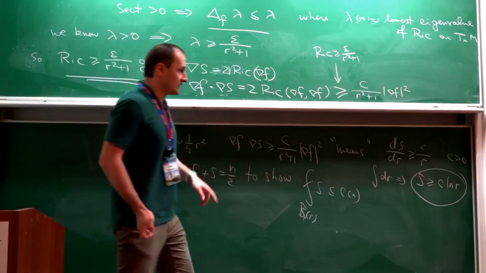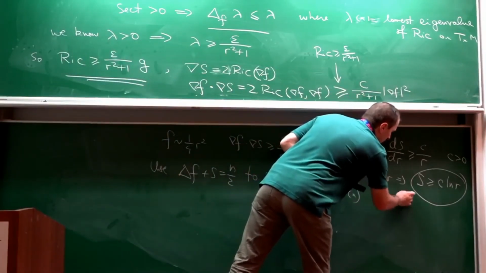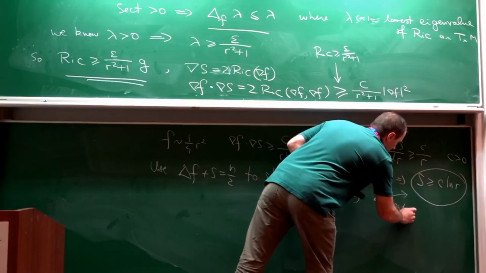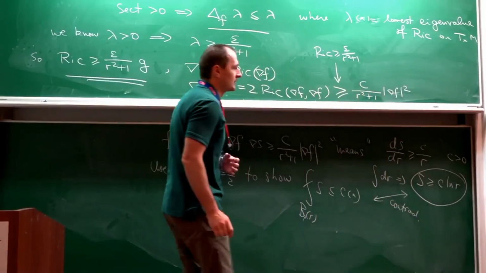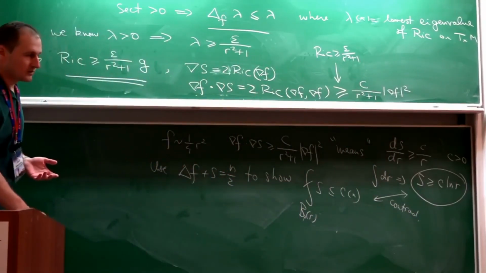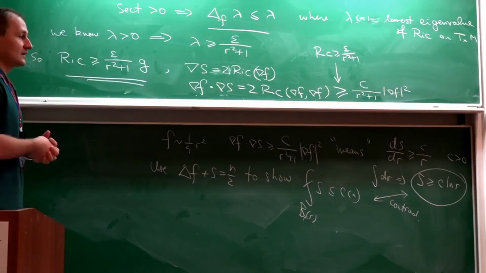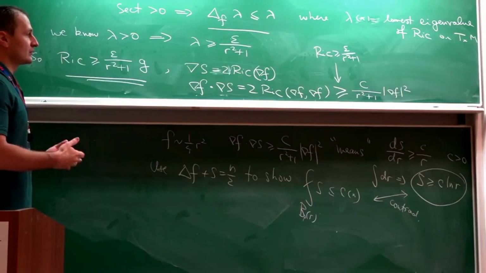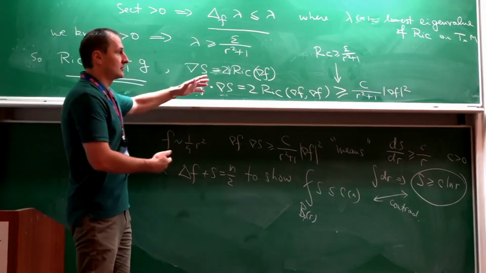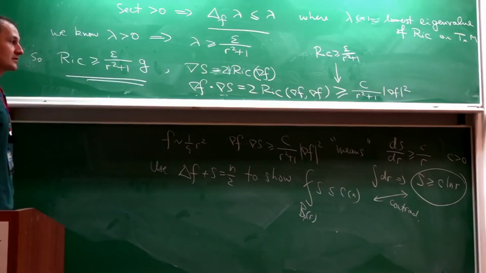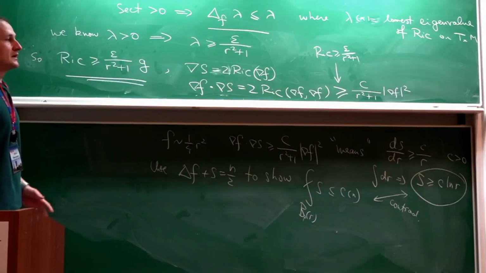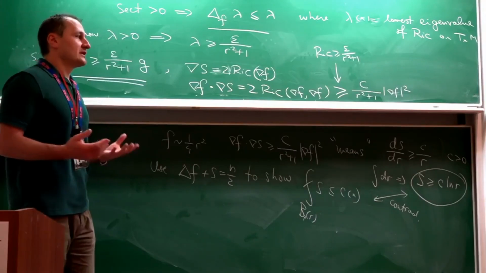And that contradicts this one. Right? So it's not a big deal, it's not a big proof, it's just the maximum principle, and you combine it with the Soliton identities. And this is true in any dimension.